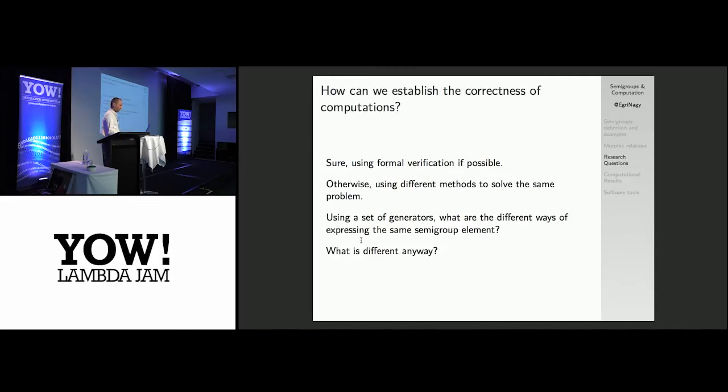And here's another one, which is familiar to you. How can we establish the correctness of computations? Sure, using formal verification if it's possible, feasible, available. But otherwise, what do we do? Well, beyond looking over the code several times, we try to solve the same problem in a different way.